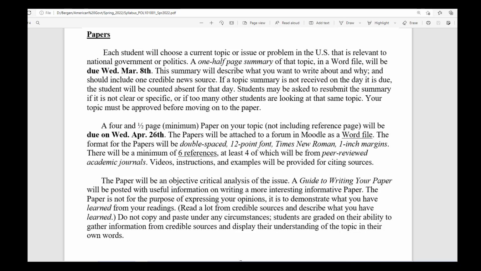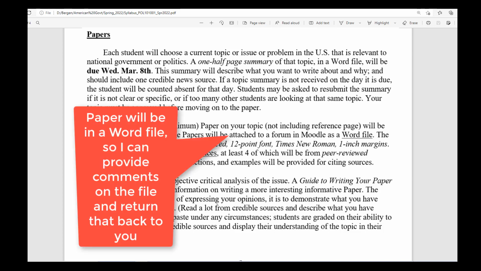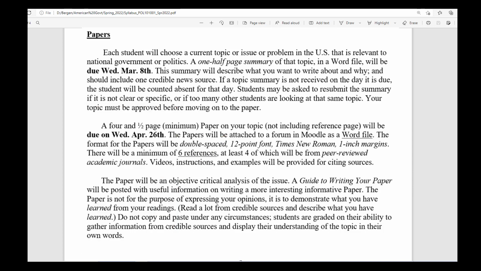This is for the online classes. The in-class classes, of course, will just hand me a hard copy of it. But for the online classes, I'll set up a forum, and you will attach your paper in a Word file to that forum in Moodle. I do that for a specific reason, so be sure to make note of that, because with a Word file, I will be able to put the comments on that file and email those comments back to you.